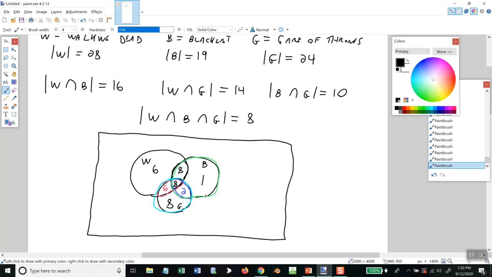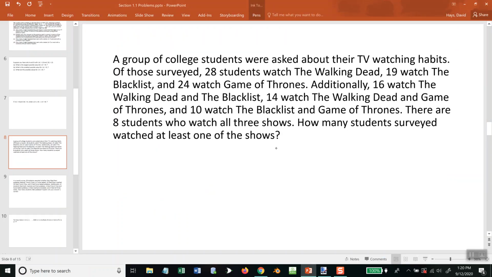Okay, so the question becomes, now that I've drawn all that, what do they want? How many students surveyed watched at least one of the shows?